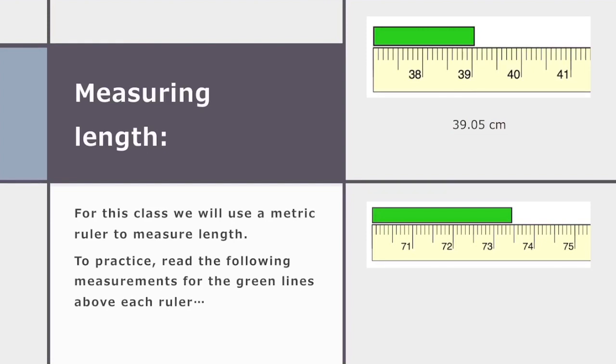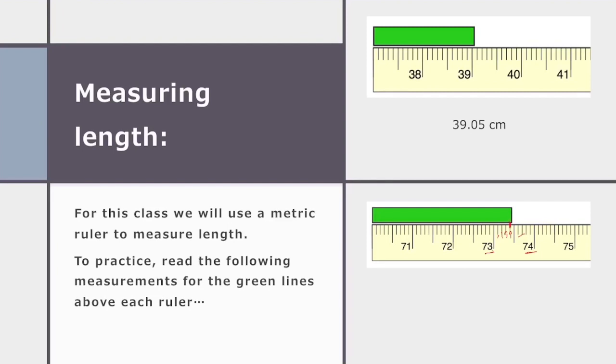And now let's see the second one. The green line extends past 73, but let's take a look at what these little lines in between mean. I've got a 73 and a 74 here. Again, these are each representing a tenth, or 0.1 centimeters. So I've got 73.1, 2, 3, 4.